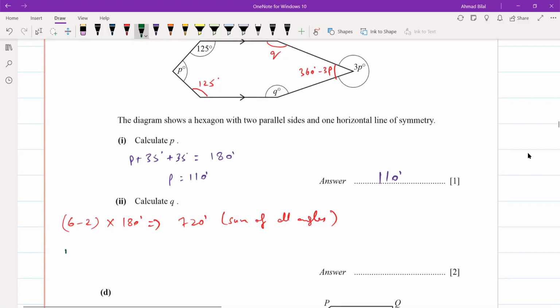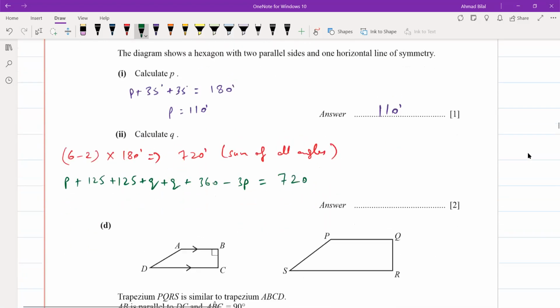So let's do that. We have p plus 125 plus 125 plus q plus 360 minus 3p. All of this should equal 720. इसको सॉल्व कर लेंगे. p की वैल्यू पता है क्या है? 110.